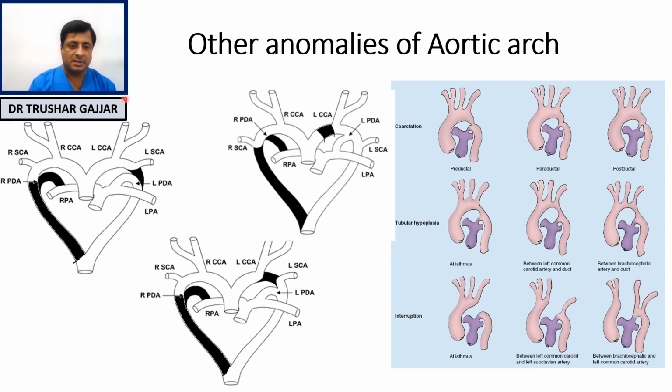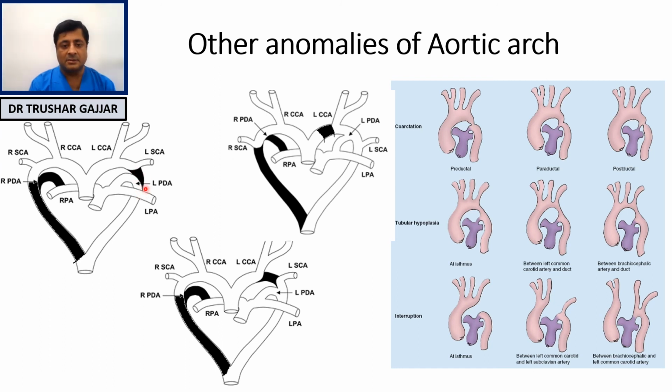Here is the embryonic portion where this portion disappears normally. We have seen that the right fourth arch dorsal aorta disappears in all three pictures. The important thing which we are seeing here is a part of left fourth arch beyond the left seventh intersegmental artery is atretic or hypoplastic.